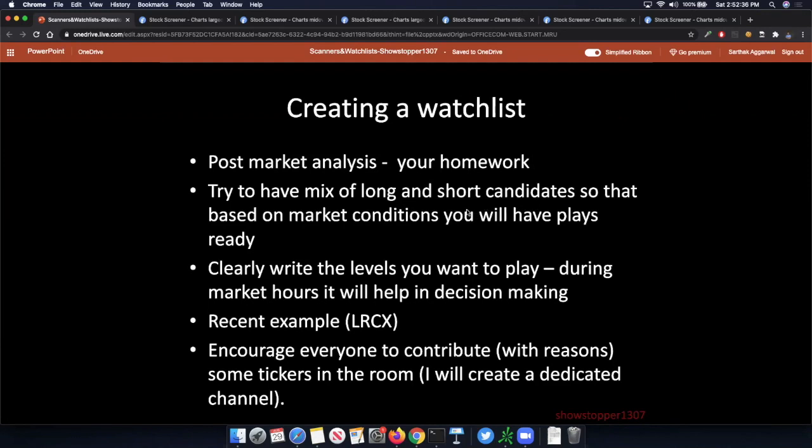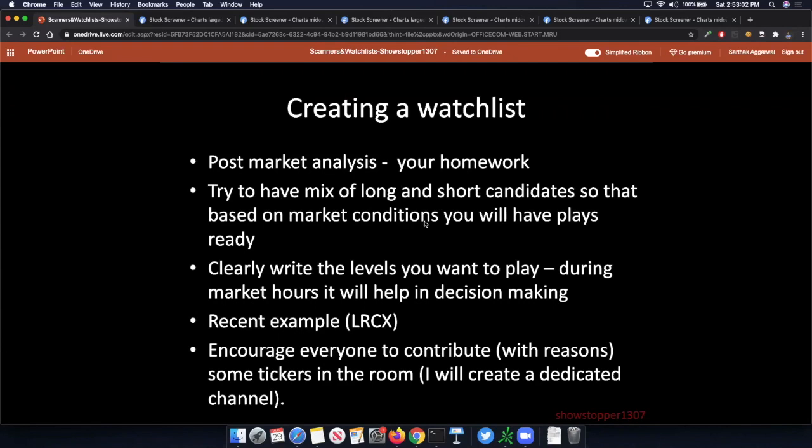Something I didn't touch on earlier: when you look at the watch list or the scanners, try to look for not just long entries or short entries, but a mix of both. The reason being, if the market is going down, you want to bring in your short candidates. You don't want to carry only long candidates, because you want to react based on the market.